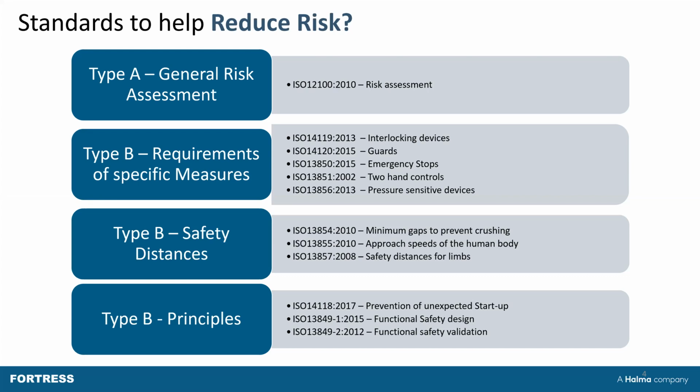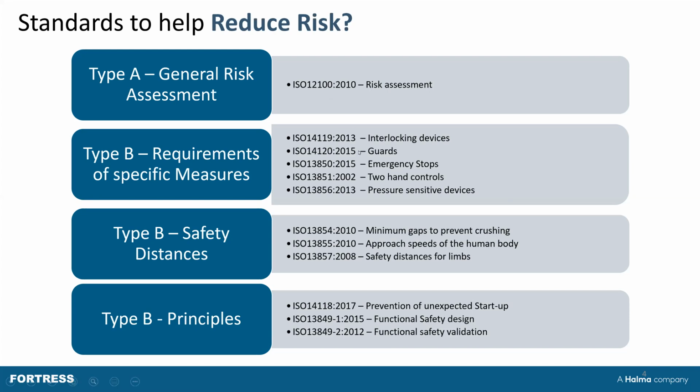So risk reduction measures in ISO standards are a little bit complicated, because there's not one handy standard to look at. You've got your risk assessment standard, ISO 12100, and that goes through how to carry out a risk assessment, identify tasks and hazards, identify risks, measure them and work out when they're at an acceptable level.